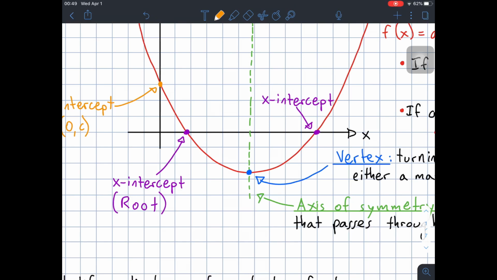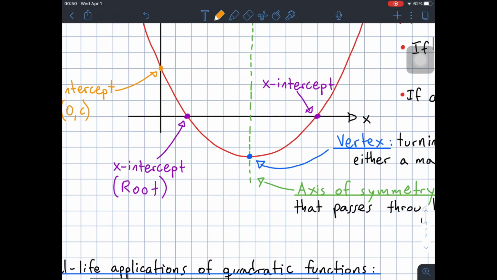So there are different ways to call these points here. We could call it roots, we could call it solutions, we can call it the x-intercepts. Those are the names that are usually used for these 2 points.